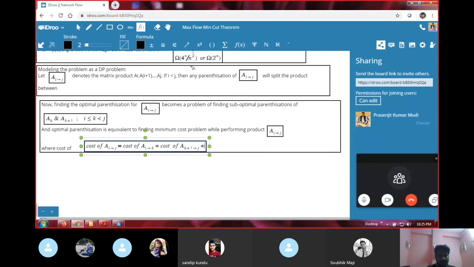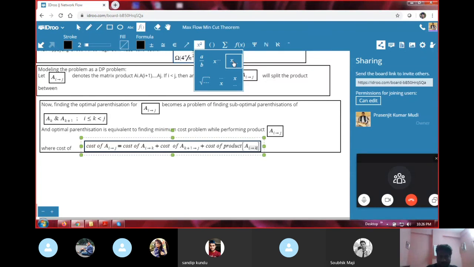And once you get these products A_ik and A_k+1..j, then you have to multiply these two products. So plus the cost of the product A_i..k dot A_k+1..j.